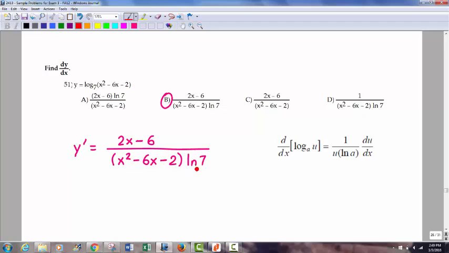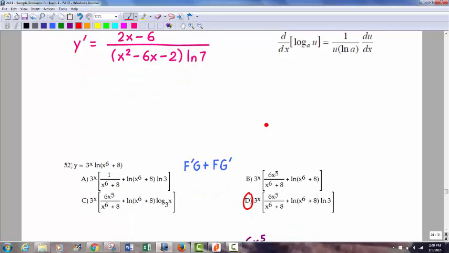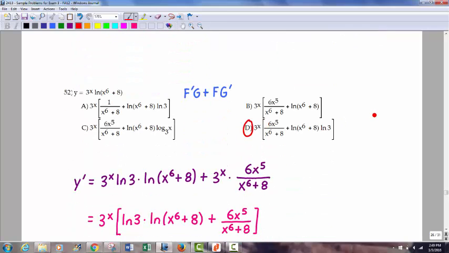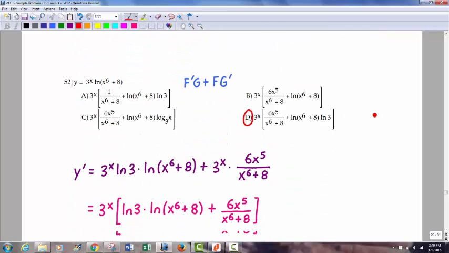I'll put parentheses around that, and then it's ln of whatever your log base is, which is 7. So you see the du dx was just put in the numerator, and it matches answer B perfectly. Excellent. 52 is going to be a product rule.